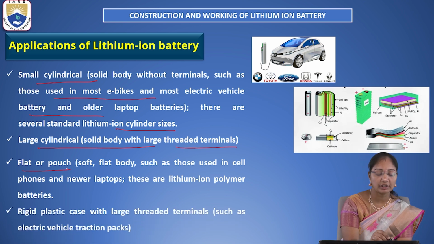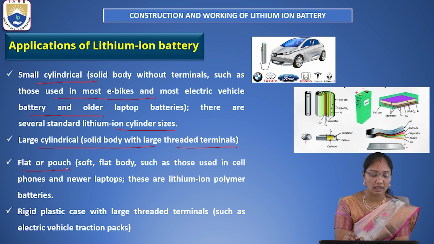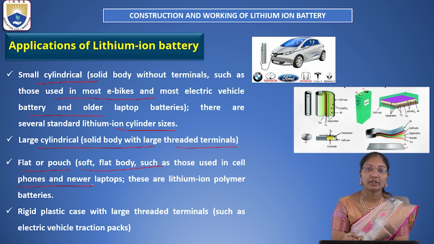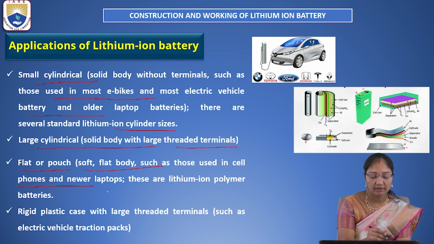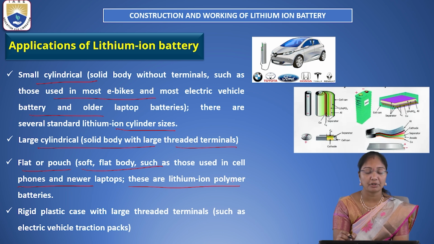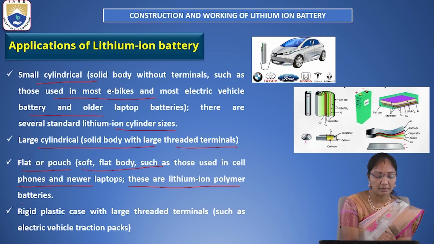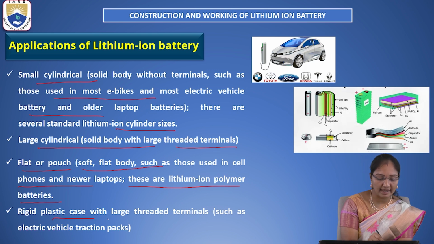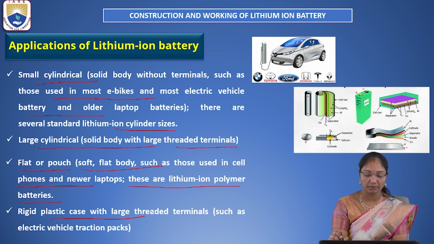They are also available in flat or pouch form, which is a soft flat body, such as those used in cell phones and the now trending laptops, meaning the recent type of laptop. These lithium ion polymer batteries come as pouches. Then there is a rigid plastic case with large threaded terminals, such as those used in electric vehicle traction packs.